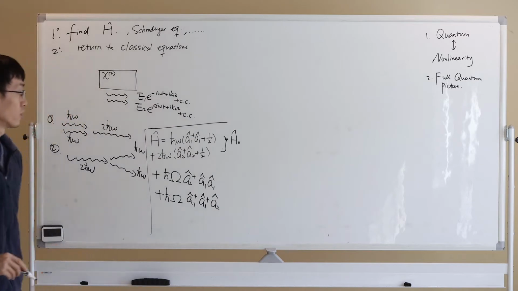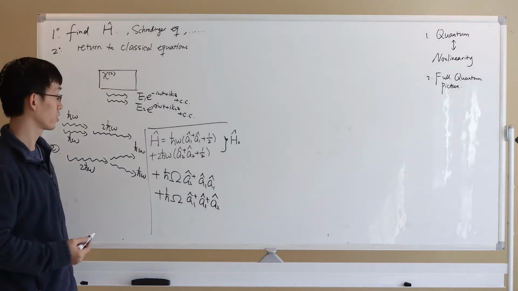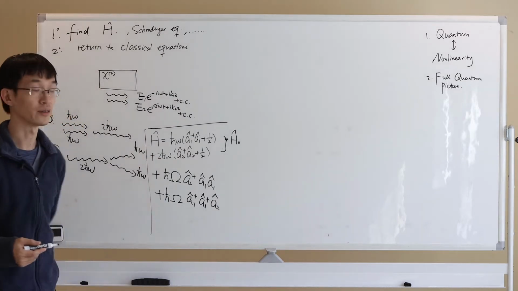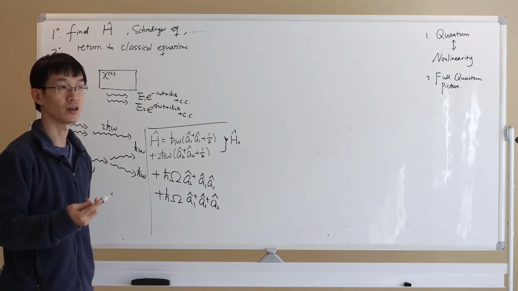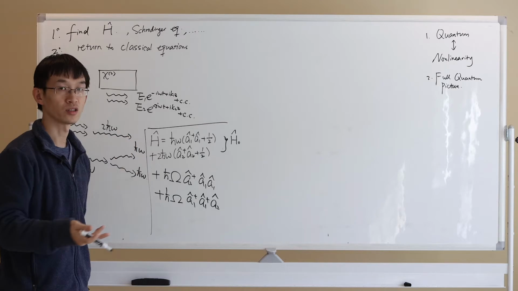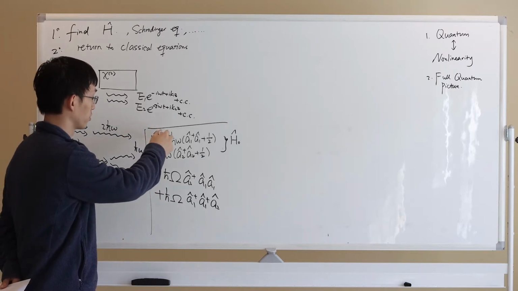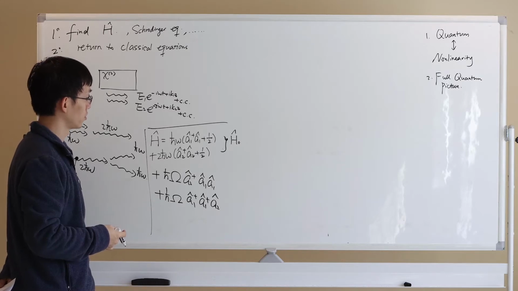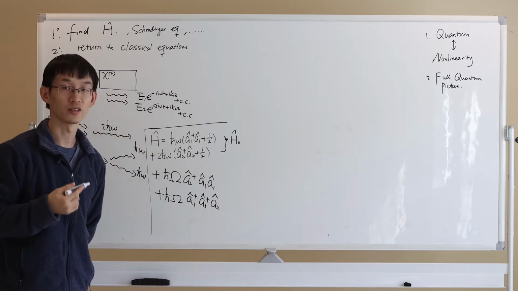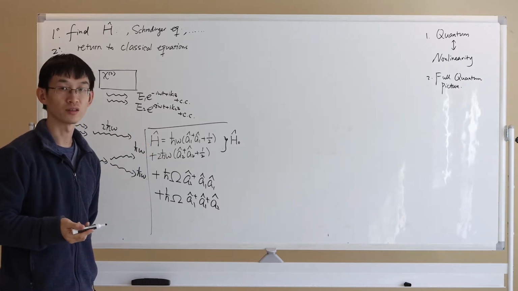But the other thing you need to keep in mind is that the Hamiltonian here is Hermitian. It means that if you do the conjugate transpose of that, or the complex conjugate, you can understand it that way, then it has to return to itself, because the Hamiltonian is something that you can measure.